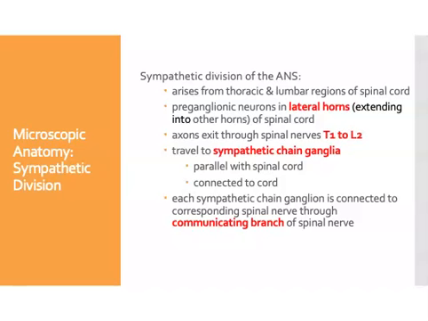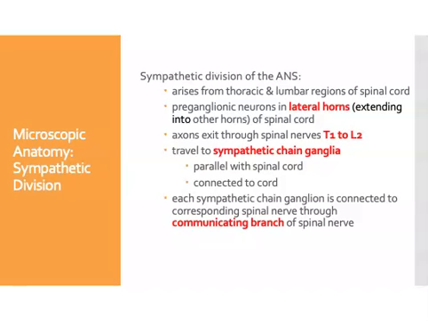These ganglia live very close to the spinal cord in a chain. We've actually seen these in a picture on an earlier slide. These are referred to as sympathetic chain ganglia, and they run parallel to the spinal cord, just outside of it.